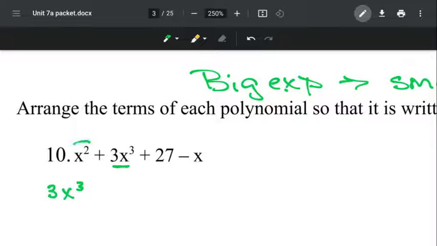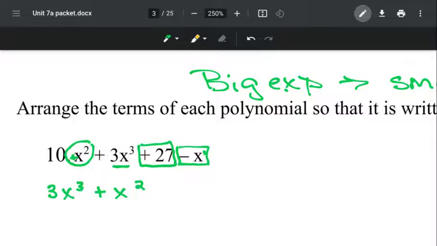Our next biggest exponent is an x squared, so I'm going to bring plus x squared. There's no sign in front of it, but it's assumed to be a plus sign. Now we have, look how I'm putting the plus sign with my 27, a plus 27 and a minus x. The x has an exponent, it's an invisible 1.